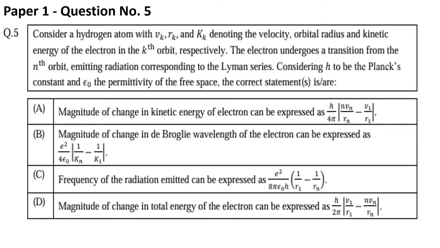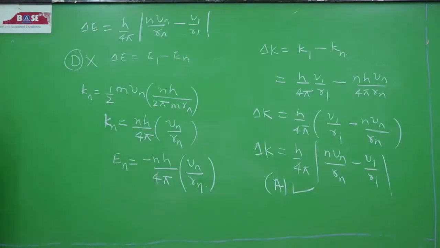Meaning they are expressing it magnitude wise, we can reverse this, that is not a problem. But we wanted 4 pi, and in the option it is saying 2 pi, which is not correct. So option D would be incorrect. Option A is correct, option D is incorrect. So we are done with two parts of the question. Now let's go with other ideas also.